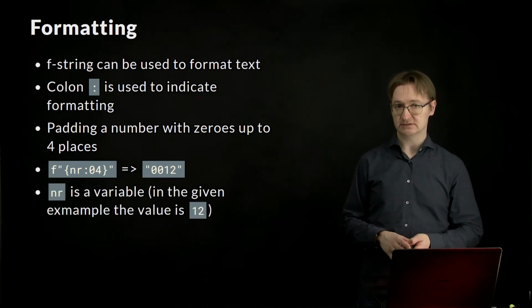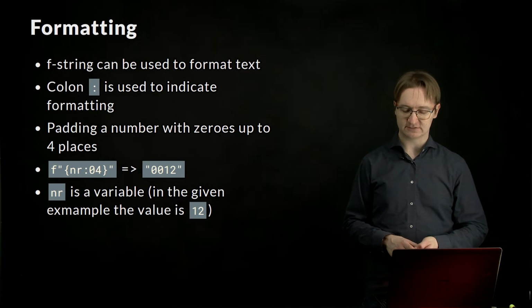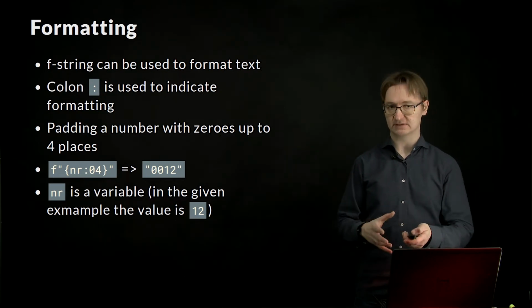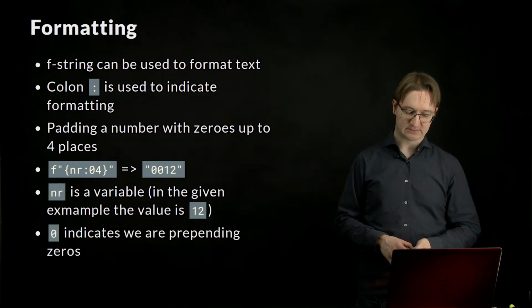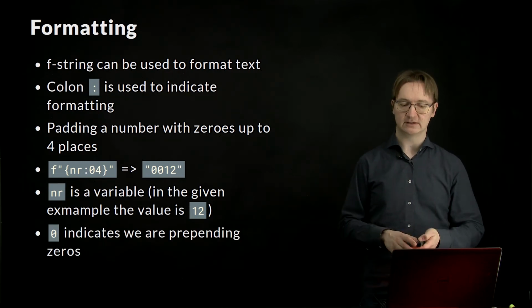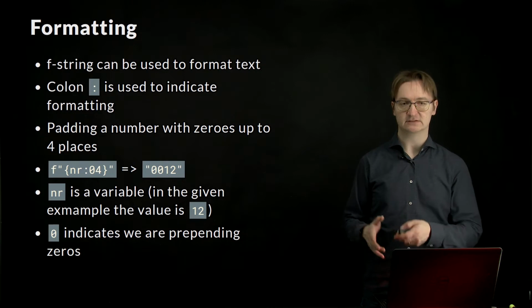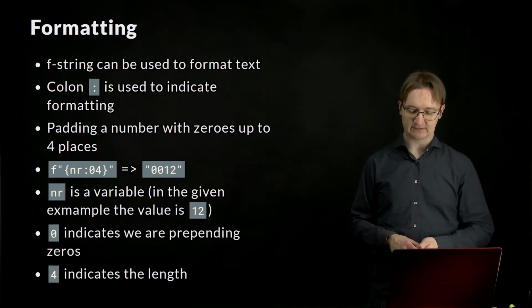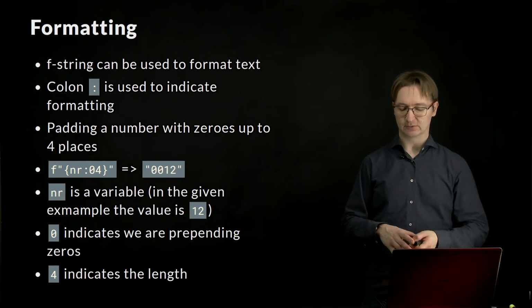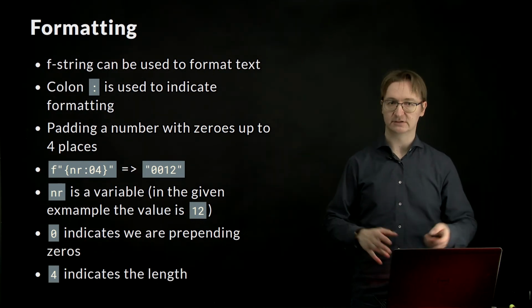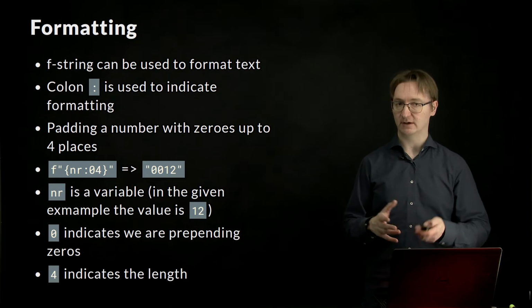What happens here is that nr is the variable. In this case the value of nr is 12. The 0 after the colon indicates that we are prepending zeros, and the 4 is the length of the result. If we would like to have a longer string, then we can put some higher value there.